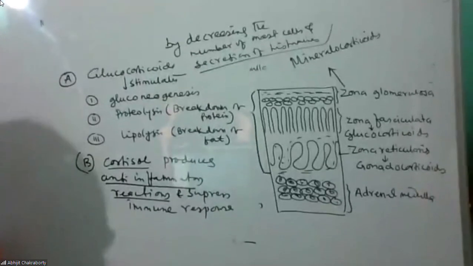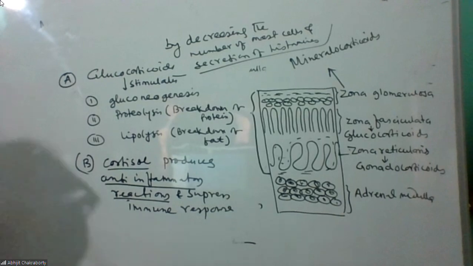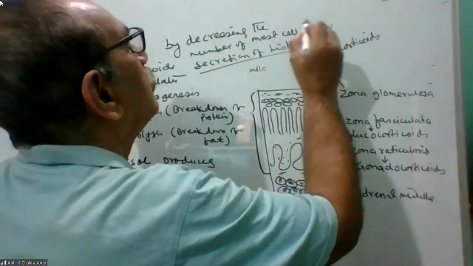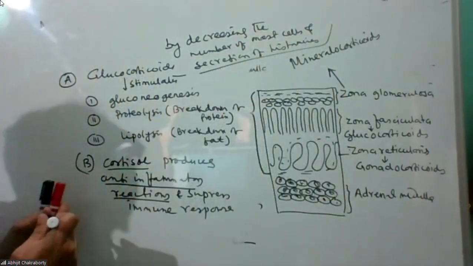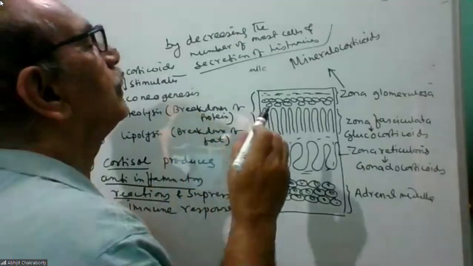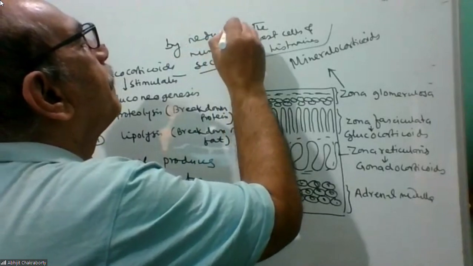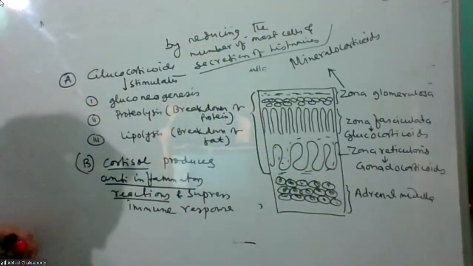So this is what about reducing the number of mast cells and secretion of histamine.